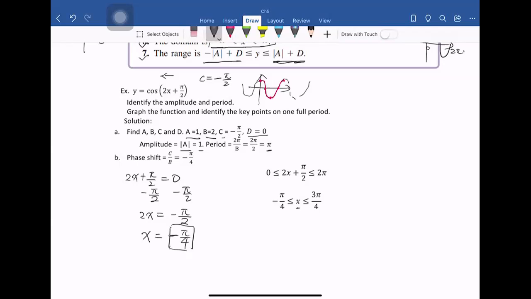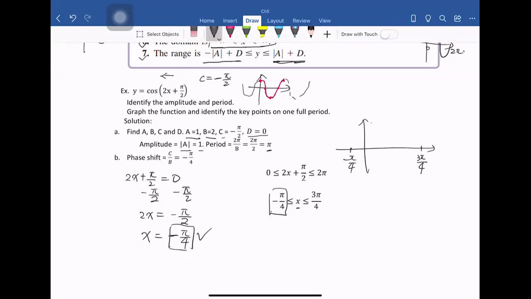After solving this, we have x is greater than or equal to negative pi over 4, that's the phase shift, and less than or equal to 3 pi over 4. So we can draw a graph from negative pi over 4 to 3 pi over 4.